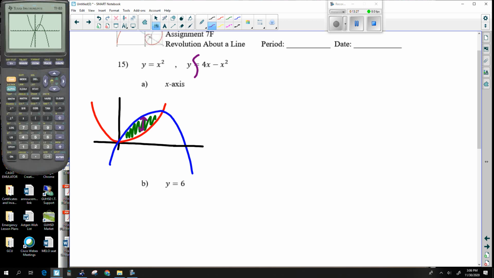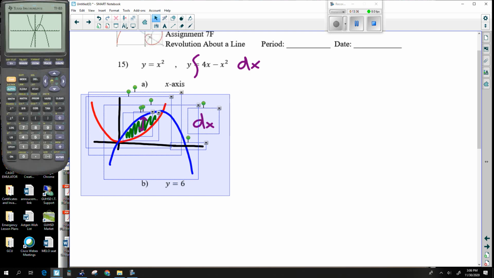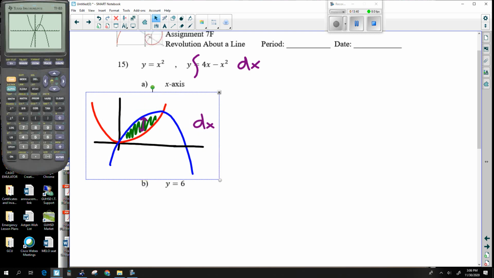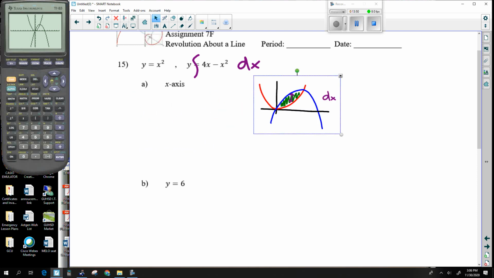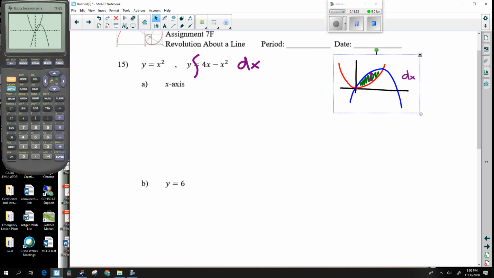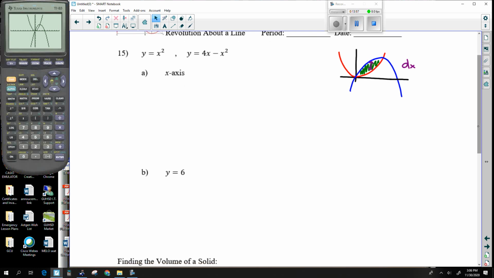So if I'm going to be integrating, this has to be something of the dx style. So dx is kind of the way that I want to integrate this one, just because that's the way that the equations are initially set up. Now, again, we'll see how these things are going to be rotated, and we'll take that into consideration.